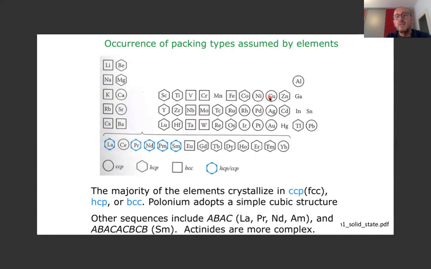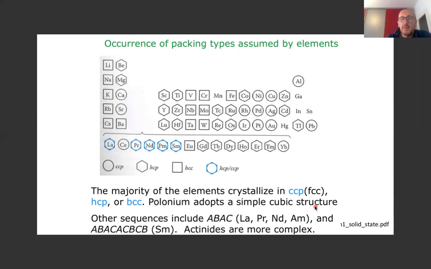It's the same as silver and gold. Iron, which is another material, at low temperature is a BCC structure. And as I told you before, polonium is the only one that adopts the simple cubic structure in the whole periodic table.